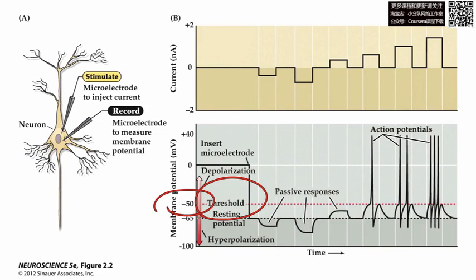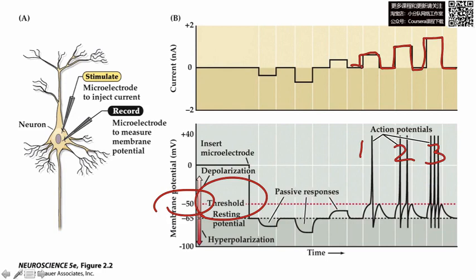Now notice what happens as we go from a current step that elicits an action potential to an even stronger current step. One might have imagined that perhaps you'd get a bigger and bigger action potential, but that's not what happens. What we see is an increase in the number of action potentials. And this is a very important point.